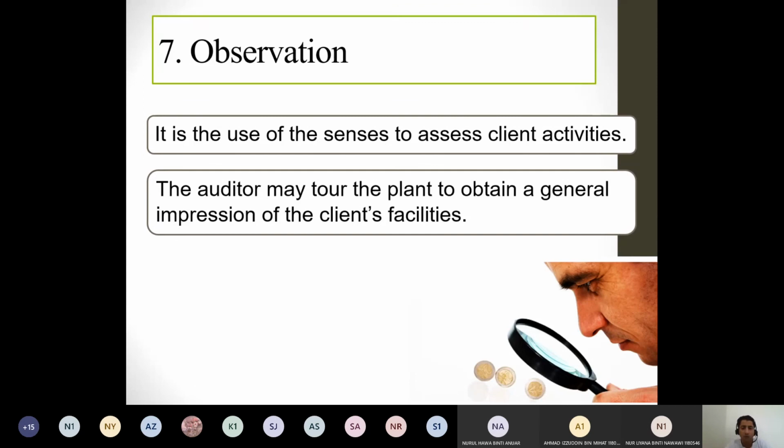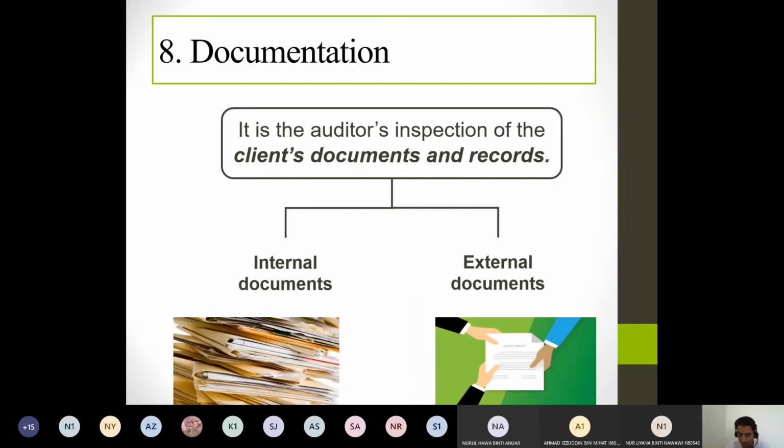All of that is checking whether they are concerned about the security and internal control of the system.